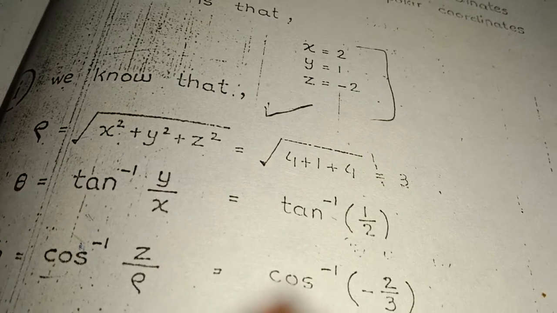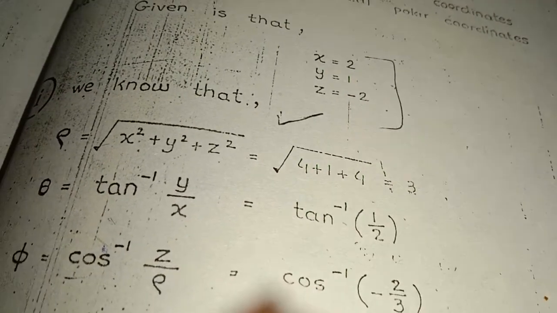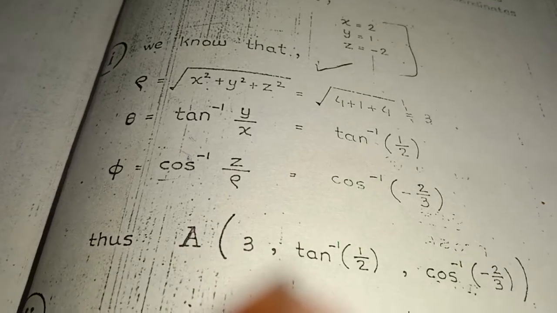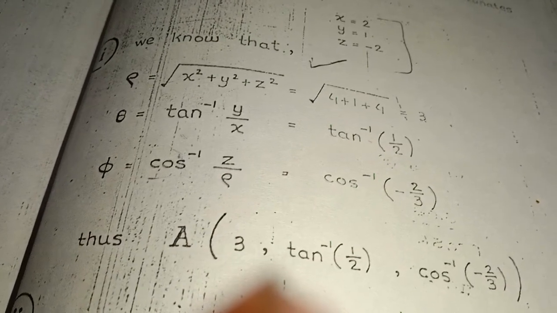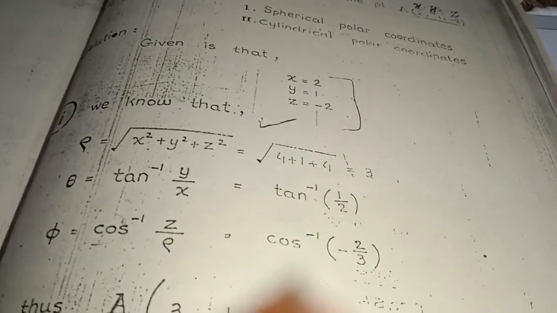Now theta is tan inverse of y by x. So tan inverse of y is 1 and x is 2. So it is tan inverse of 1 by 2. Phi is equal to cos inverse of z by rho. So cos inverse of z is minus 2 and rho is 3.